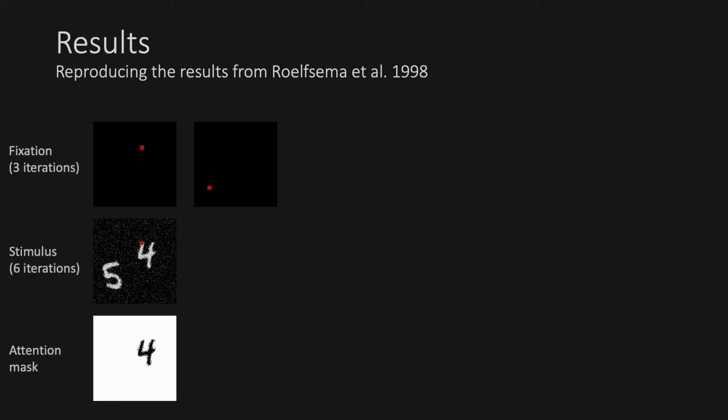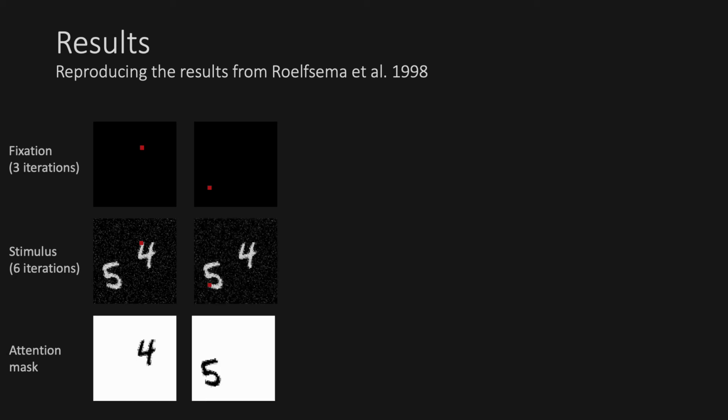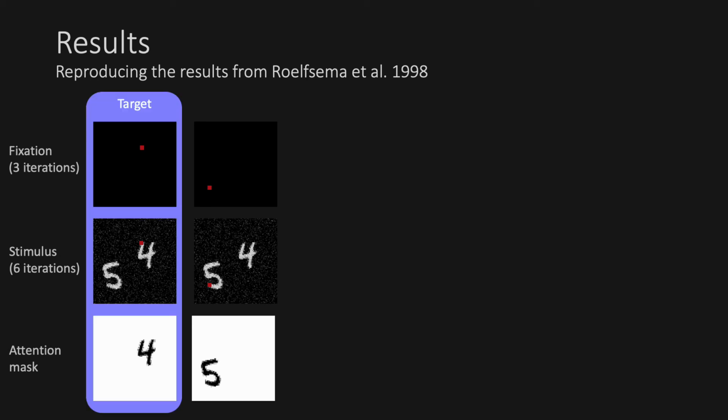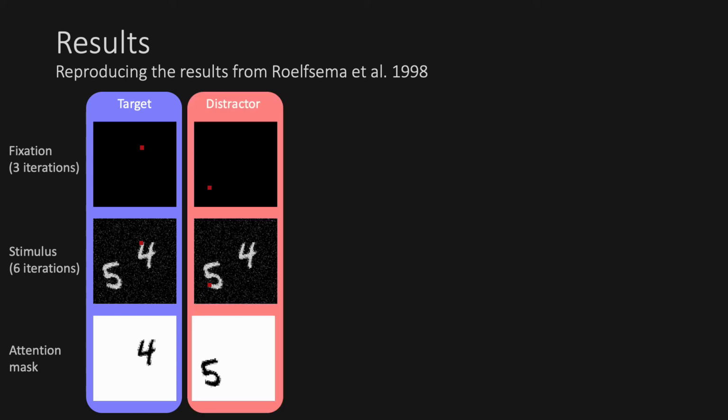We then again reset, and we show the fixation point, but this time for the second digit, and again the network has to mask out the other digit and keep the one with the overlap. We call the digit 4 here the target when the fixation point overlaps 4, and we call it the distractor when it does not have the fixation point on it.